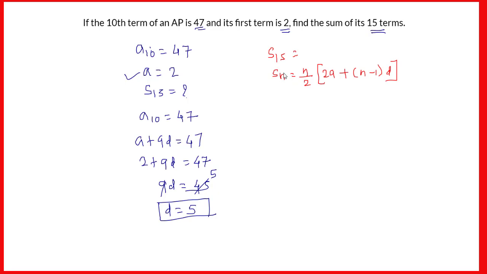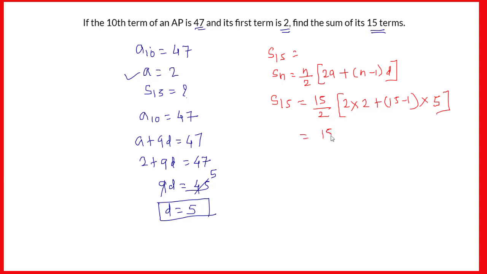Here n will be 15, so 15 upon 2 inside the bracket 2 into a, the value of a is 2, so it is 2 into 2 plus 15 minus 1 into d, and d we have calculated as 5. So close the bracket.